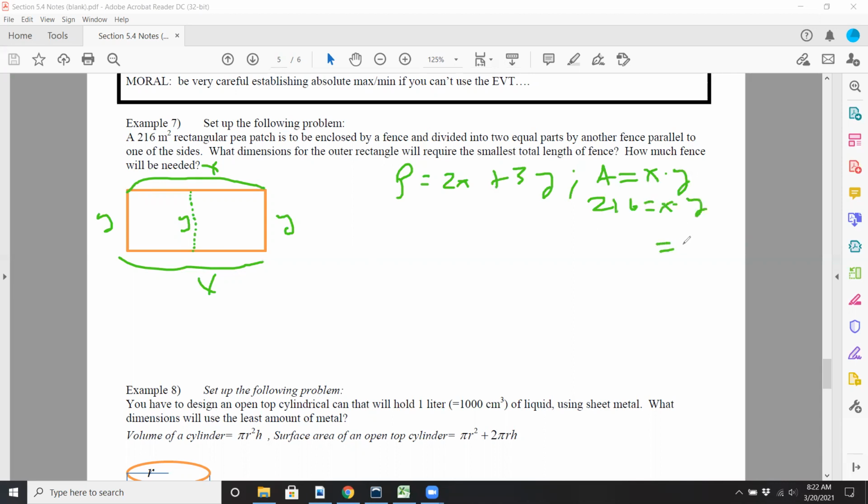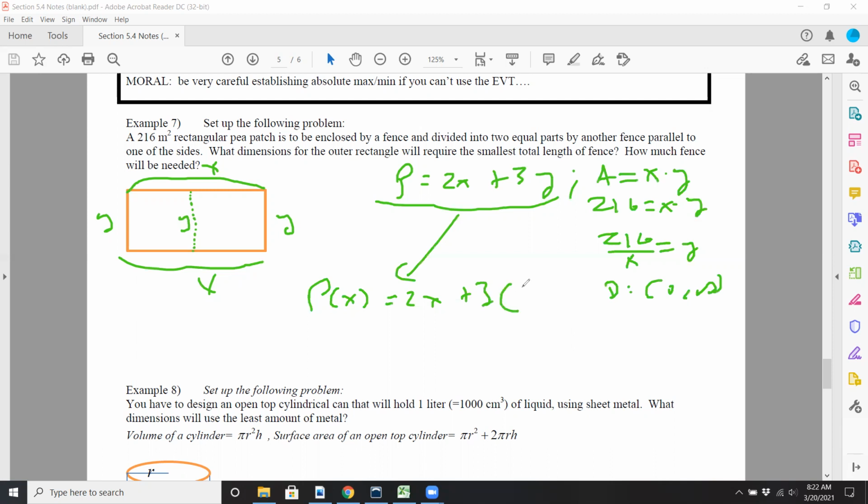We could do a substitution, y equals 216 over x. Our domain for x is still from 0 to infinity. The perimeter in terms of x would be 2x plus 3 times 216 over x. Then just go through the same motions like we did for example 6. That's how I'd set it up.